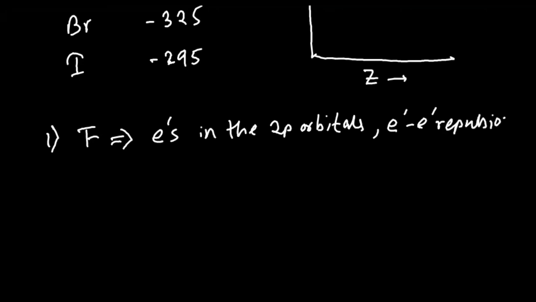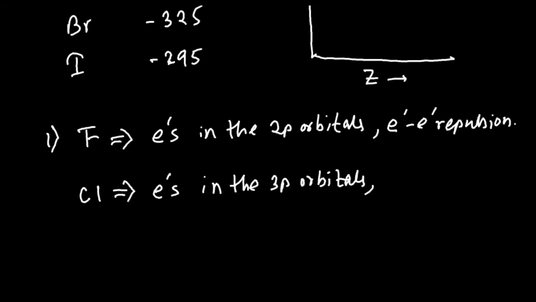There will be very high electron-electron repulsion among the 2p subshell. Okay, but if electrons are added in chlorine, then where will it add? It will be added in the 3p orbitals or 3p subshells.